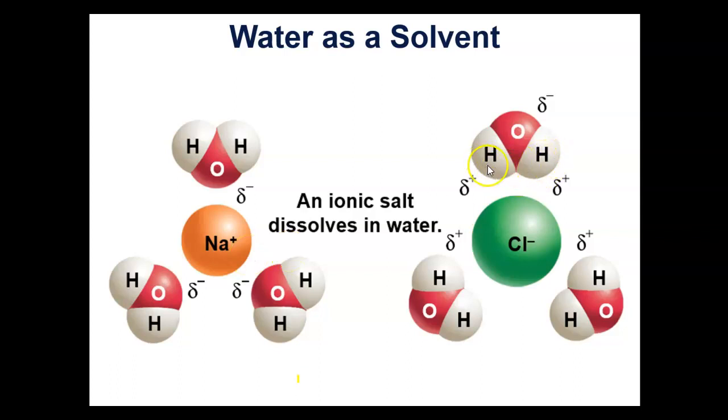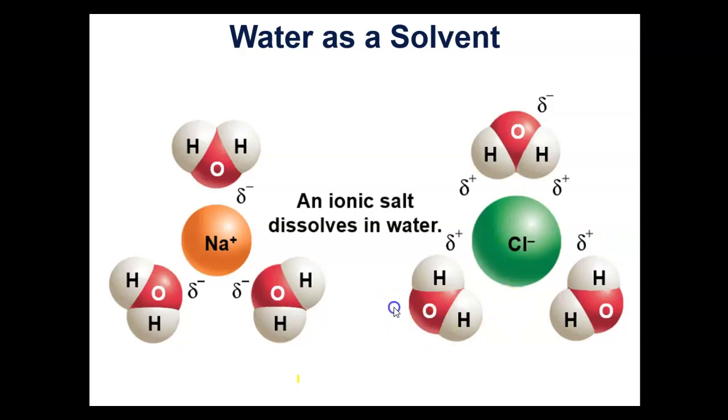And the slightly positively charged end of the water molecule, the hydrogen end, will surround the negative chloride ions because of the opposite charges. So this is how water works to dissolve ionic compounds and also polar molecules as well, polar molecules such as sugars, different sugars.